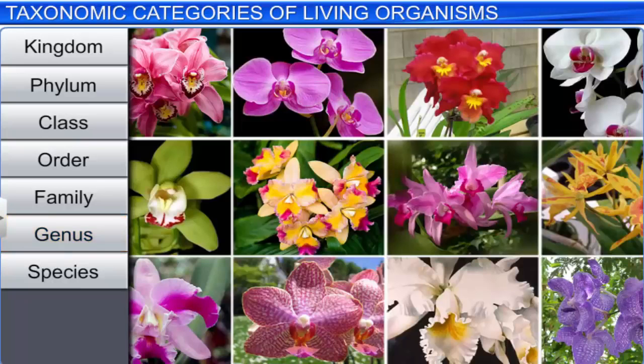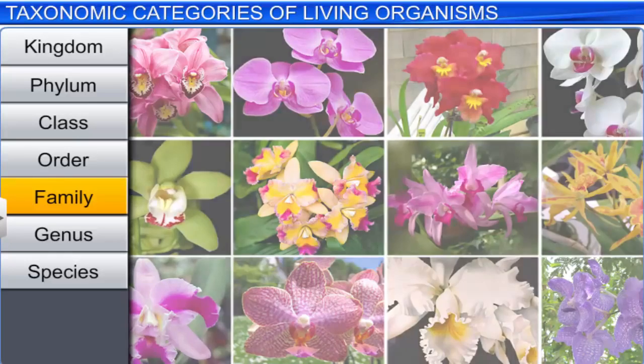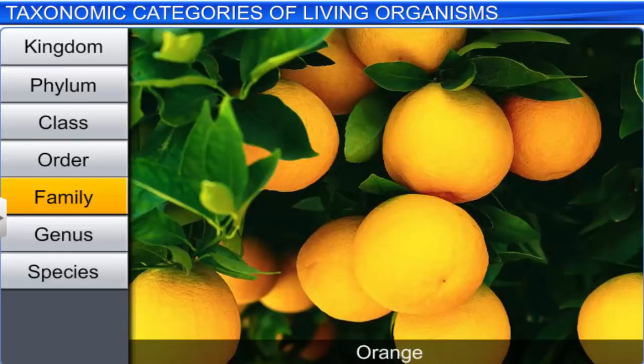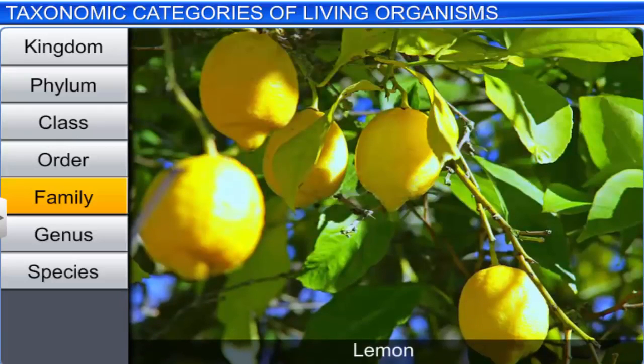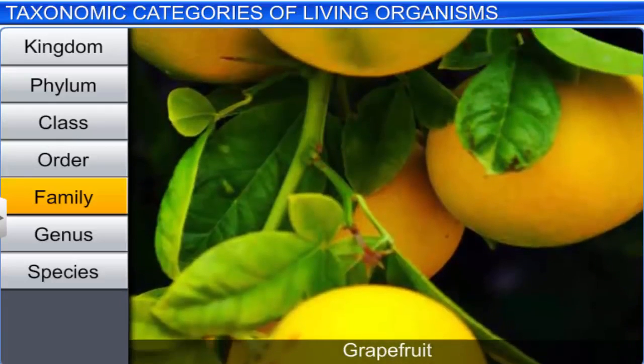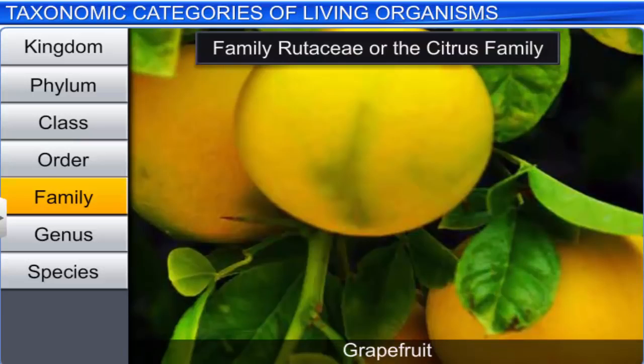The next rank or category is family, which consists of a group of related genera with fewer similarities as compared to genus and species. For example, orange, lemon, and grapefruit belong to the family Rutaceae or the citrus family.